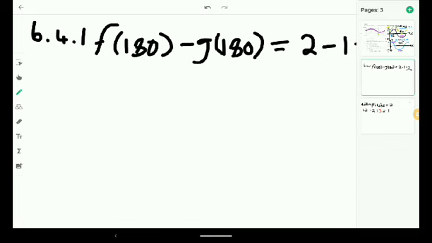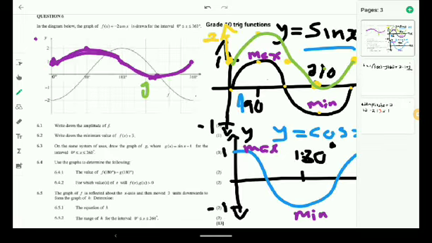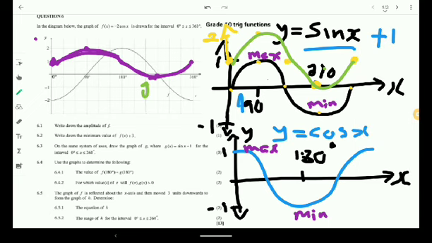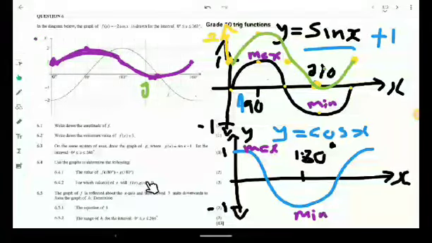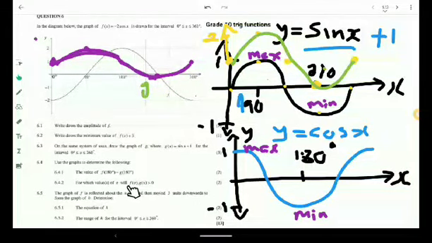Let's see the next question. It says, for which values of x will f at x multiplied by g at x be smaller than 0? If we want to satisfy this criteria, for example, when we multiply a negative sign by a negative sign, we must get a positive.